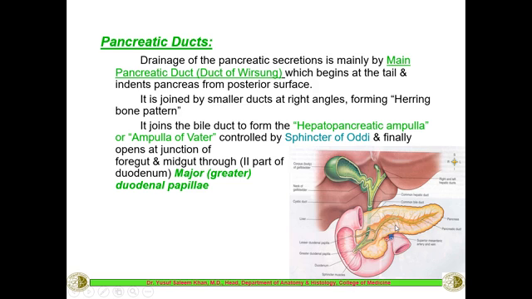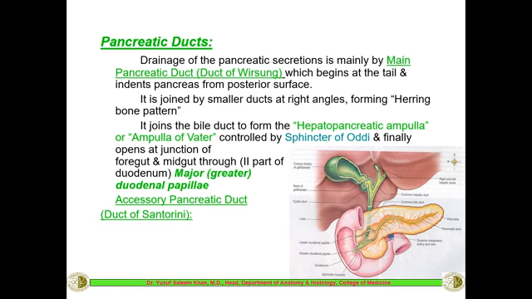All the smaller ducts which are opening, they are opening at right angles to this main duct. So all these smaller ducts which are draining the pancreas, they open into this main duct at right angles to each other. So they look like the bones of the fish. So that's what is called as the herringbone pattern.